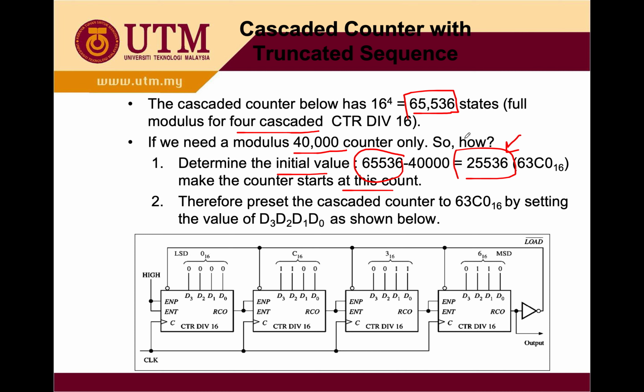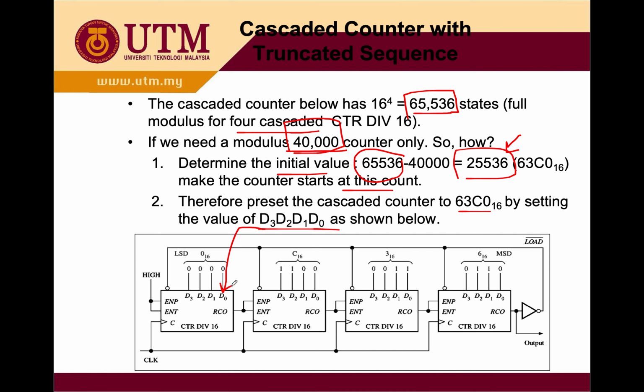Then after that, if you count until 40,000, you get until the end of 65,536. You get it all together, a 40,000 counter. Therefore, preset the cascade counter to 66016 by setting the value D3 over here, as shown below.